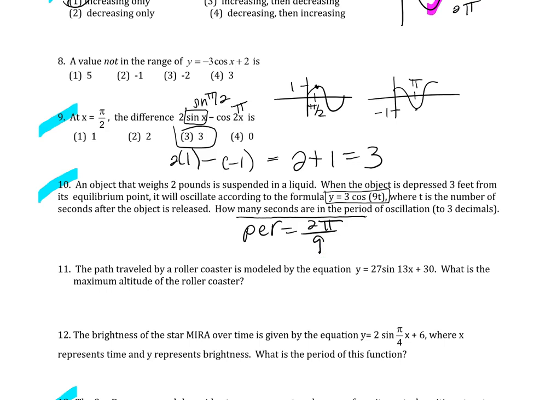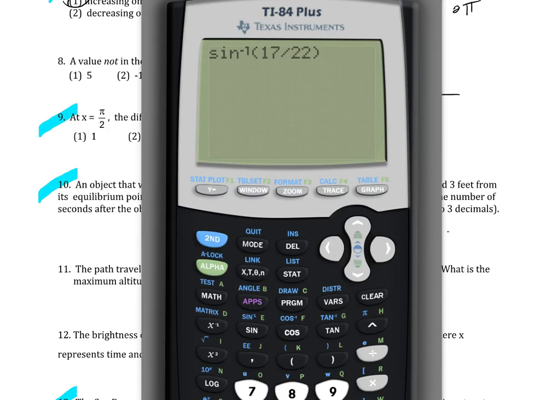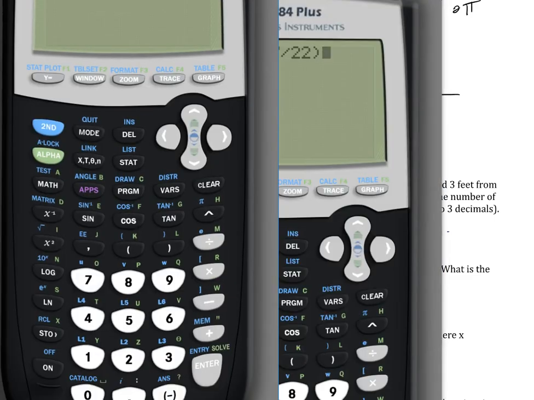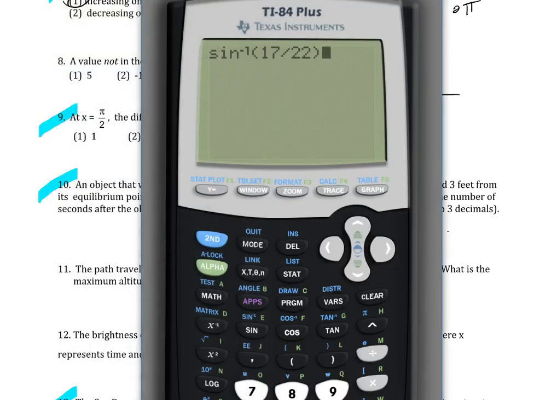Now, it wants it in terms of the context of the problem, so you're actually going to plug in 2 pi over 9. And this is not pi in terms of 180, this is pi in terms of a length. So I'm saying 3.141592... Okay, so here's my calculator. Come on, calculator. There we go.